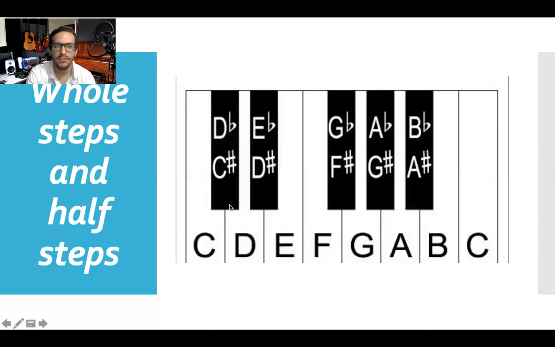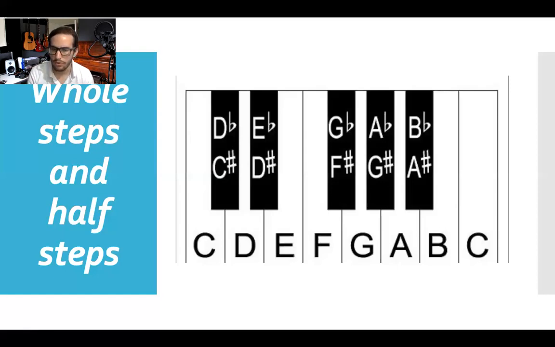Now, if you see these black keys right here, you might be wondering why they have two different names, because C sharp is the same thing as D flat. It's just having two names for the same note. If we play C sharp and we play D flat, it's gonna be the same note, the same sound, but they have different names.